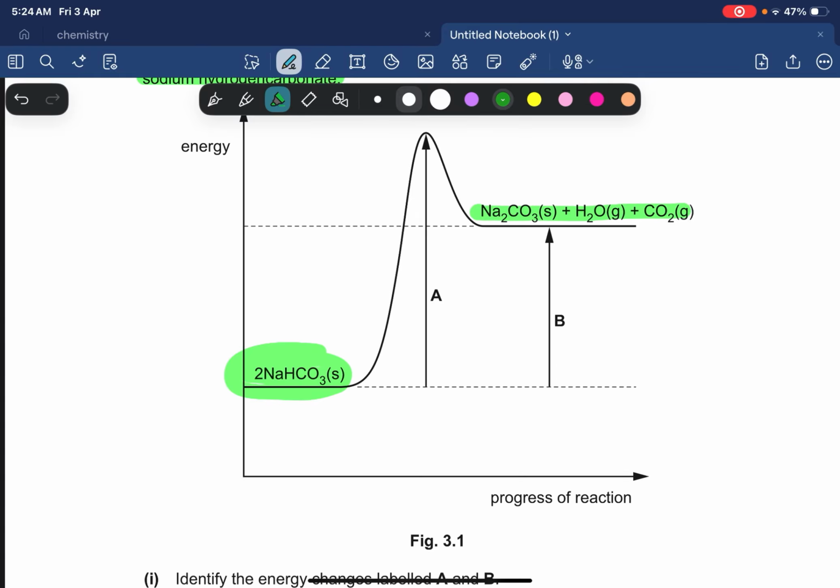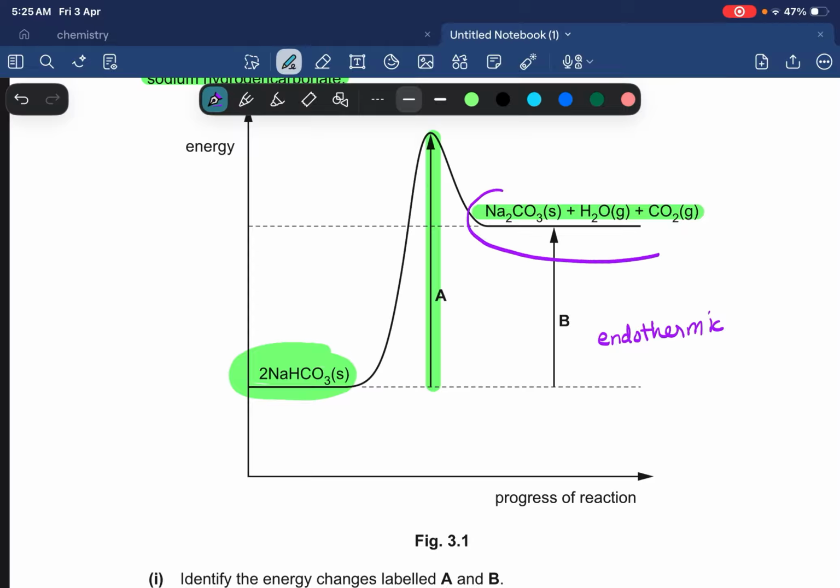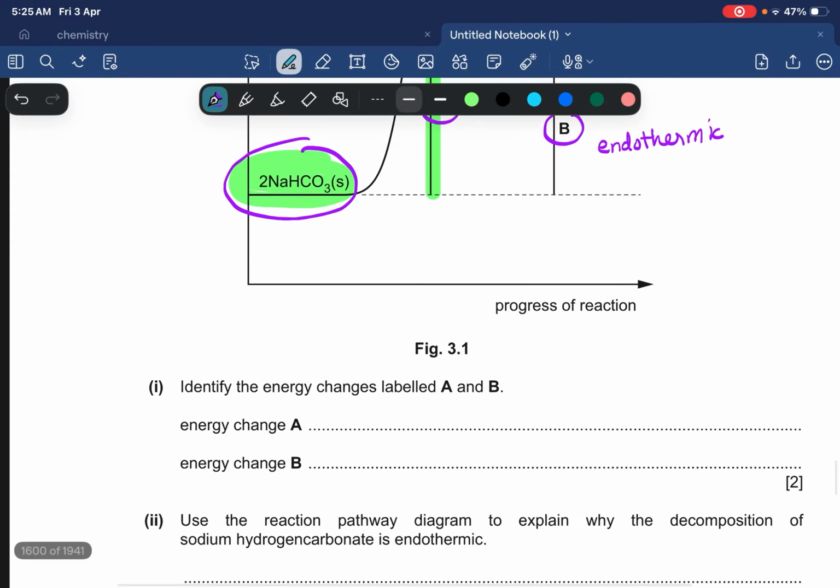These are the products of decomposition. So this A represents my activation energy. I can simply tell this is an endothermic reaction. Why? Because my reactants are below and my products are above. So this is endothermic, and B represents the enthalpy change, A represents the activation energy.